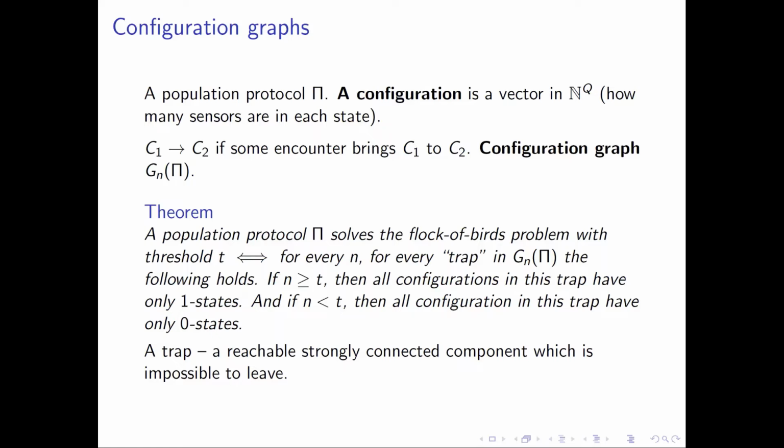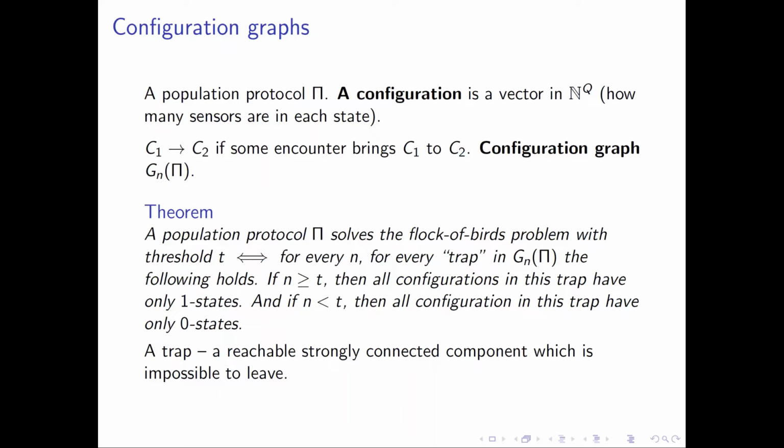And then I draw an edge from one configuration C1 to some other configuration C2 if there is some encounter which brings C1 to C2. And then we obtain for every n, if we just restrict ourselves to configurations with n birds, a configuration graph of our protocol of order n, which I denote by Gn of pi.